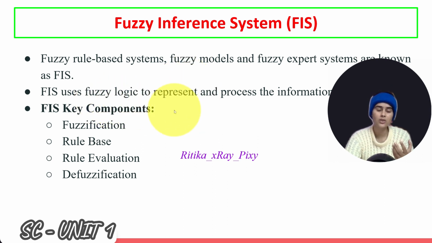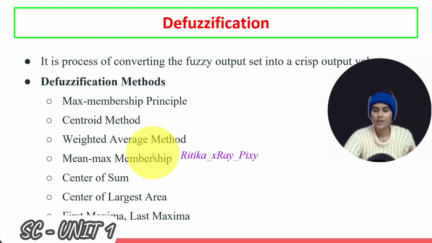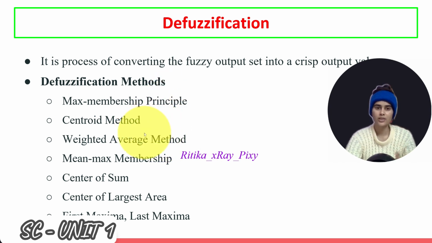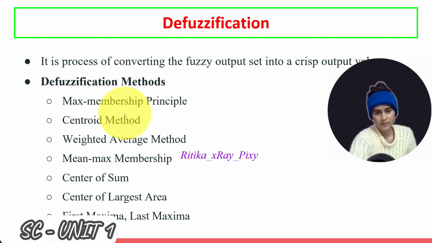Fuzzy inference systems use fuzzy logic to represent and process information, and their key components are fuzzification, rule based evaluation and defuzzification. Defuzzification is the process of converting the fuzzy output into a crisp output, and the methods we can use are max membership principle, centroid method, weighted average method, center of sums, center of largest area, first maxima, last maxima, or mean max membership.